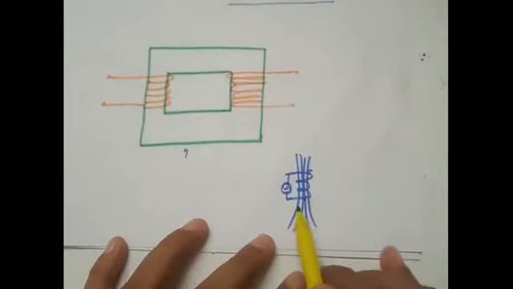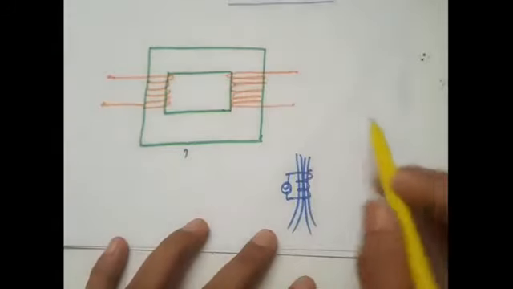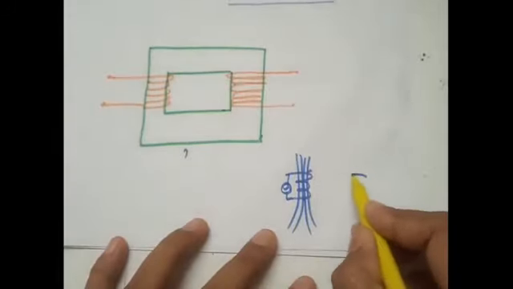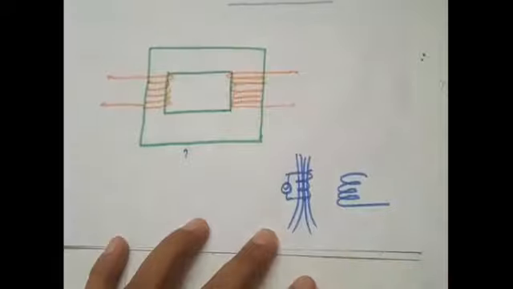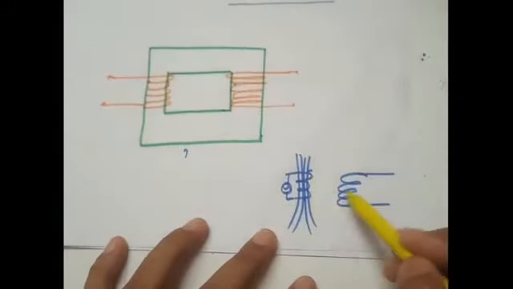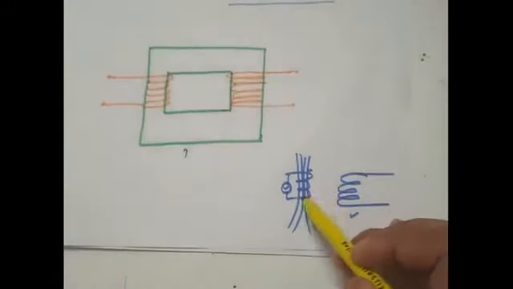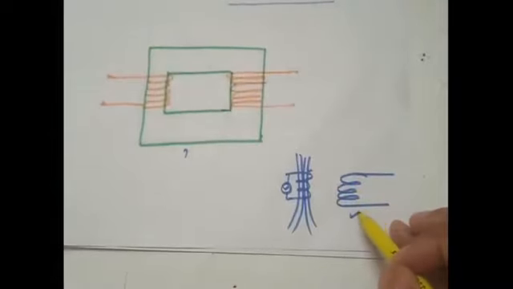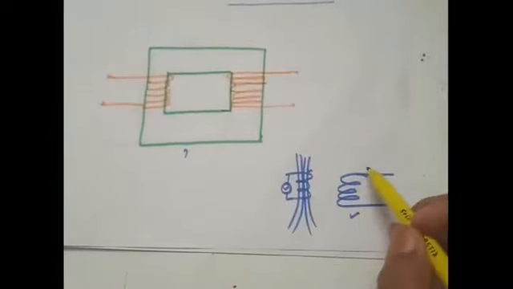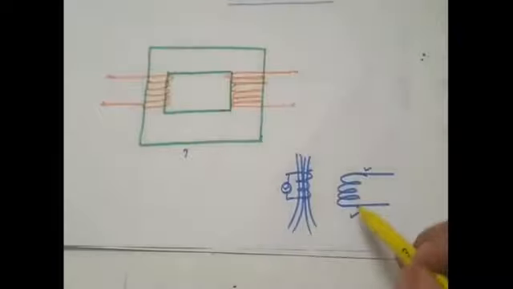Now this magnetic field will also get associated with another coil if it is placed near it. So this magnetic field will link with this coil, which will cause the production of EMF at the ends of this coil.